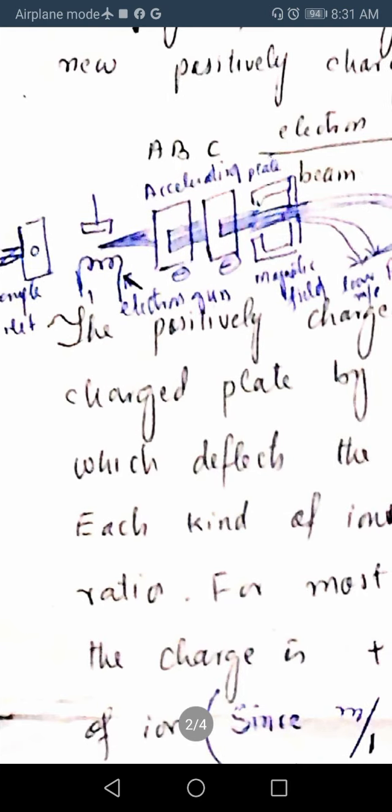A general diagram of the mass spectrometer is shown here. Here there is the sample inlet. This is the sample inlet.